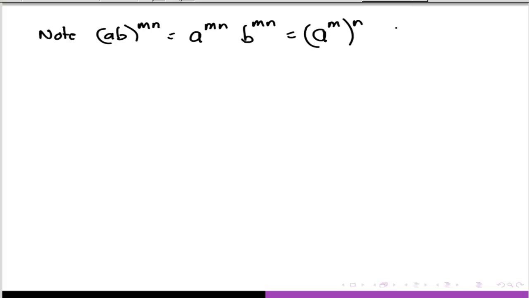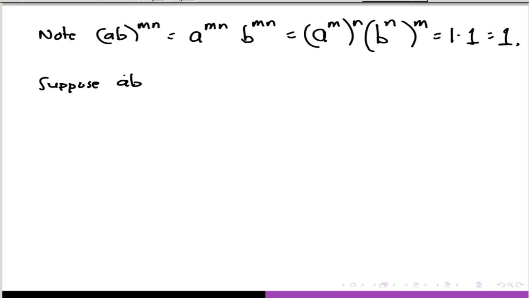I think that was the A. And B was order n. And so this is just 1 times 1. Okay, so this power gives us 1, and now we want to prove it's the smallest power. So suppose AB to some other power gives you 1.